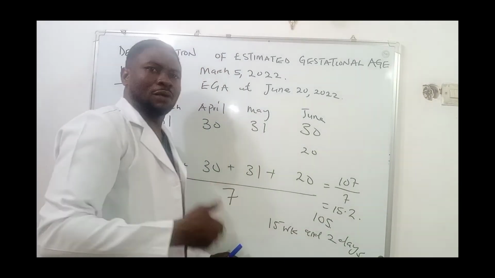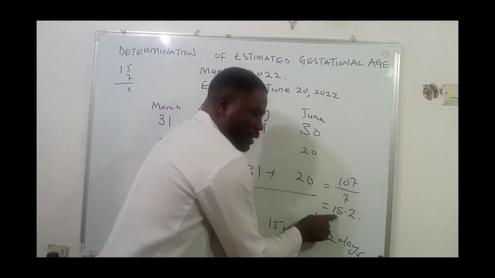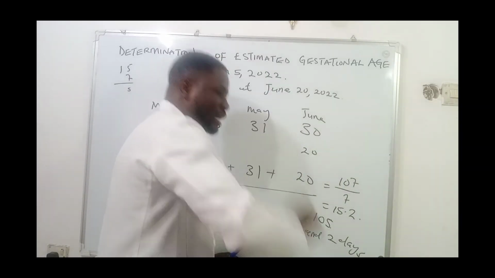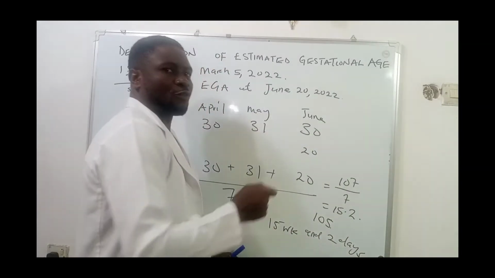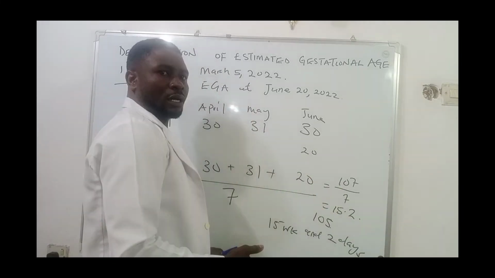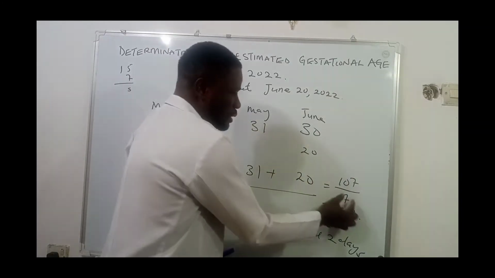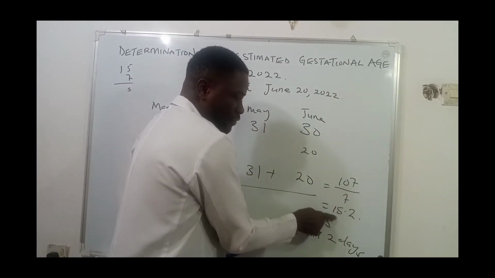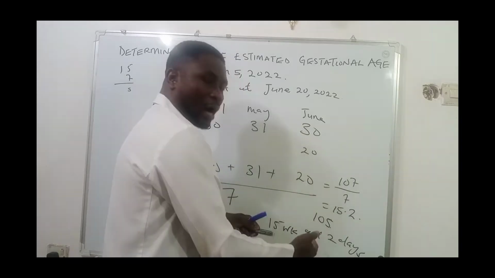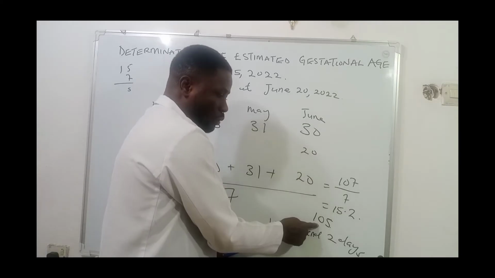There is nothing like 15.2 weeks. But this 15, before the decimal point, gives you an idea as to the number of weeks. Obviously, it is 15 weeks, but there is something left. For you to know what is left, simply say 7 times 15. When you say 7 times 15, you will have 105.